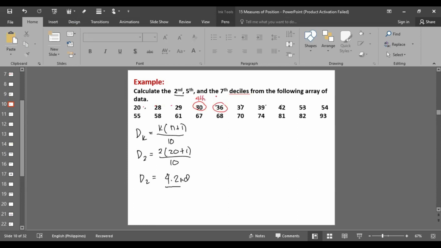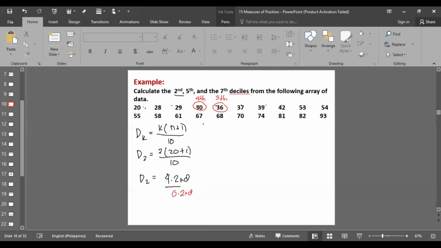This is the 4th and 5th term. So since it's 4.2nd, it means that the 2nd decile is a value 0.2 of the way between 30 and 36. Nasa gitna ni 30 and 36 yung 2nd decile.